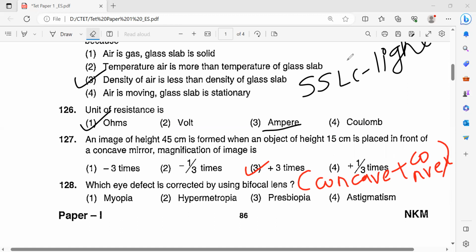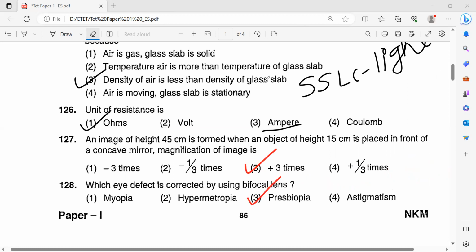They have both defects. They cannot see the far objects clearly as well as the nearer objects clearly. That eye defect is called presbyopia. So in the presbyopia condition, we will use bifocal lens. So the answer is option 3, presbyopia. Next.